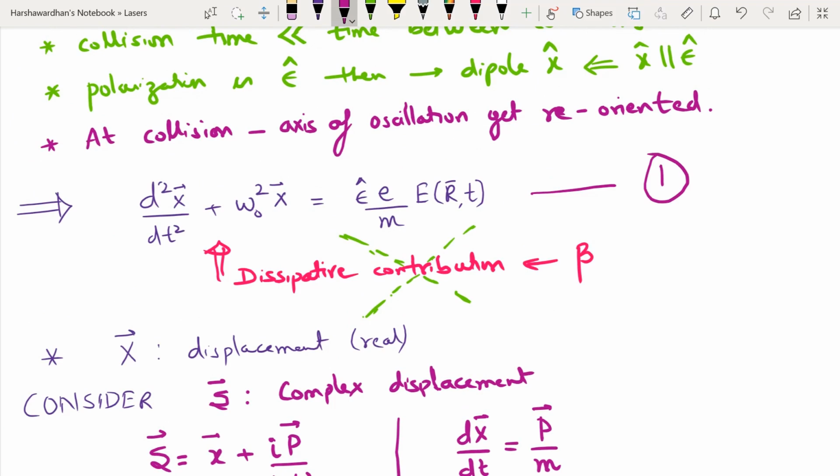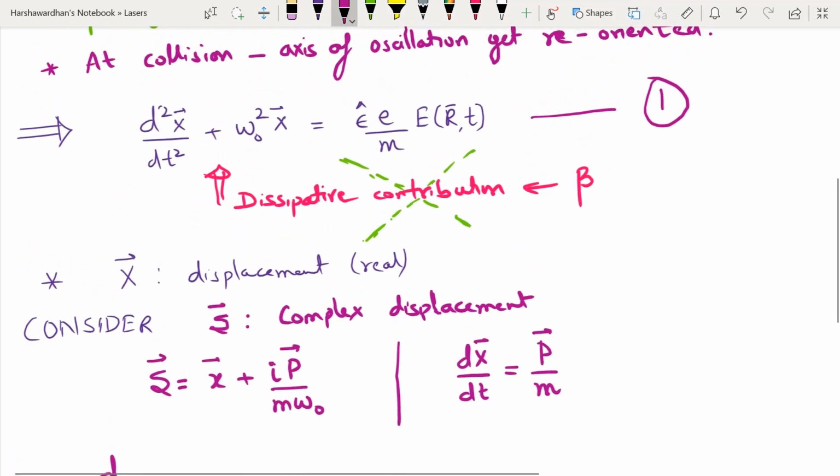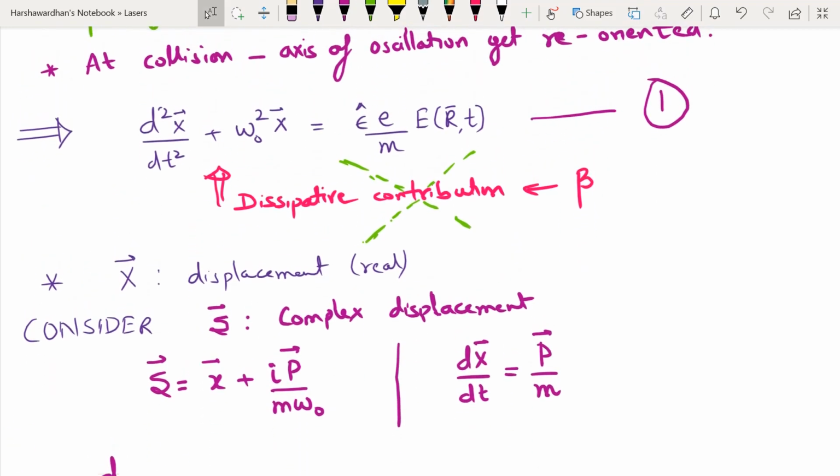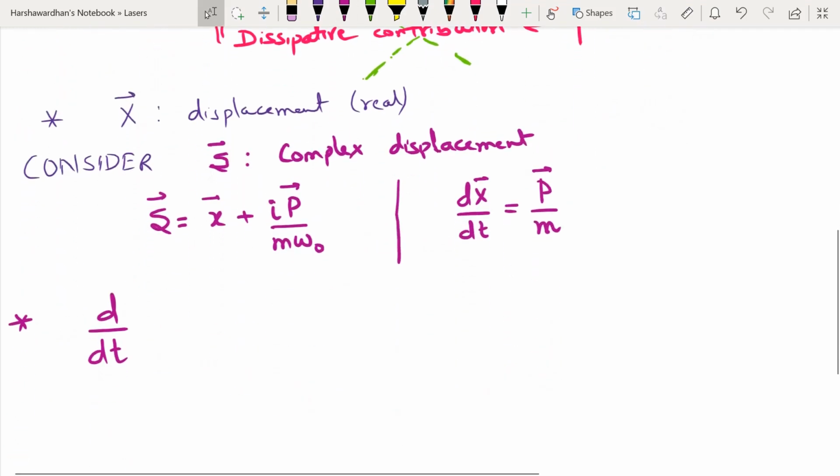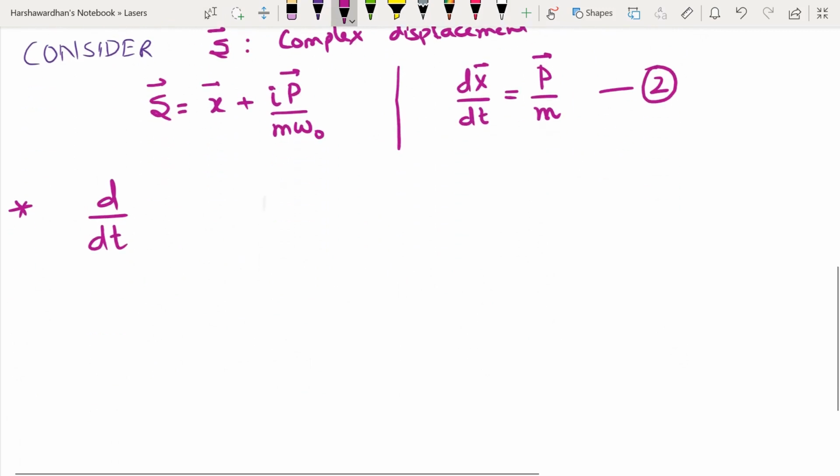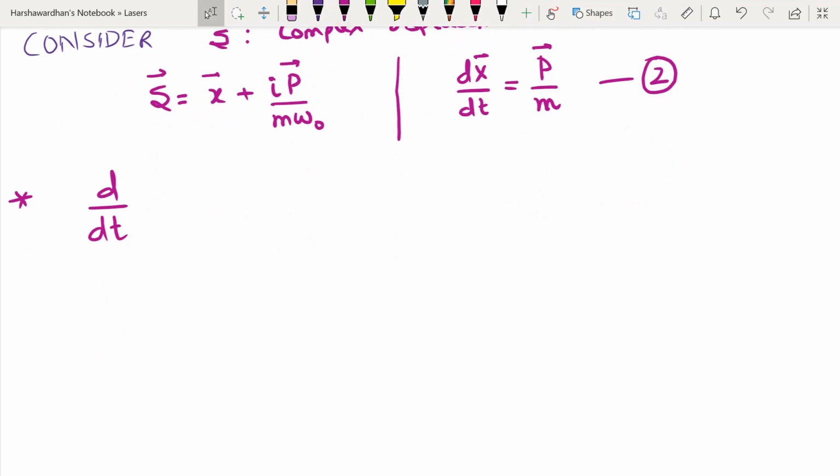My original equation deals with the dipole moment associated with a classical atom, which is a driven system. It has got its own natural frequency associated with the spring constant and so on. And this is my equation number two, which relates these two quantities, the displacement and the corresponding momentum.